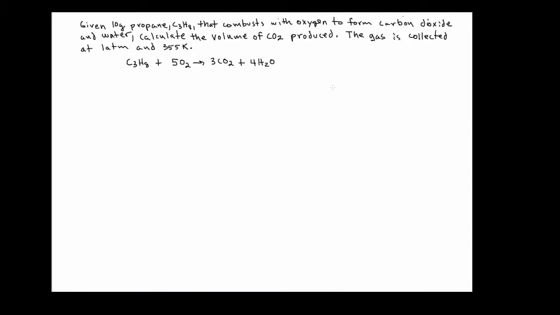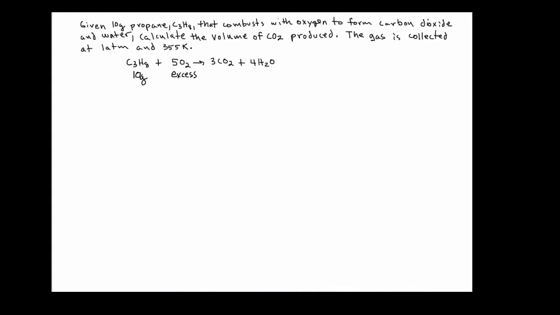The problem at hand is that we've got 10 grams of propane that's going to react with an excess of oxygen to produce a theoretical yield of carbon dioxide and water.